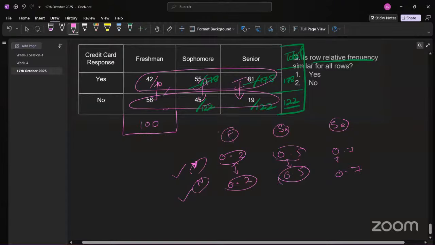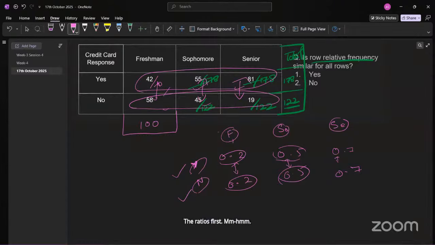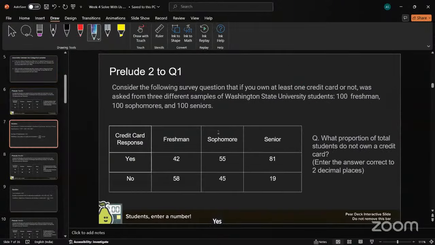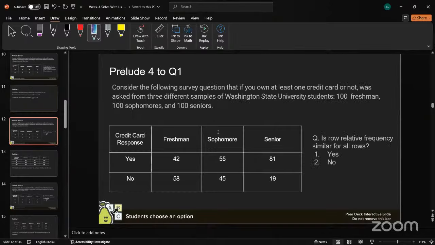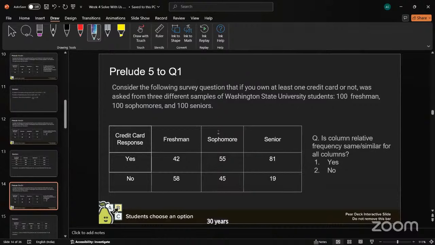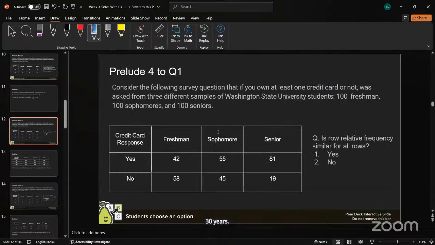Sir, the question about the year. Yes, about the year. Let me see. Where is the year? Is the row relative frequency similar for all rows?